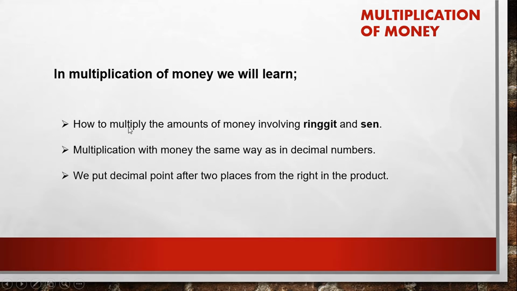How to multiply the amounts of money involving ringgit and cent. 2. Multiplication with money the same way as in decimal numbers. And 3. We put the decimal point after two places from the right in the product.